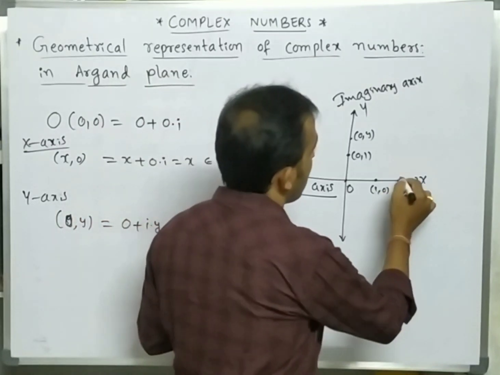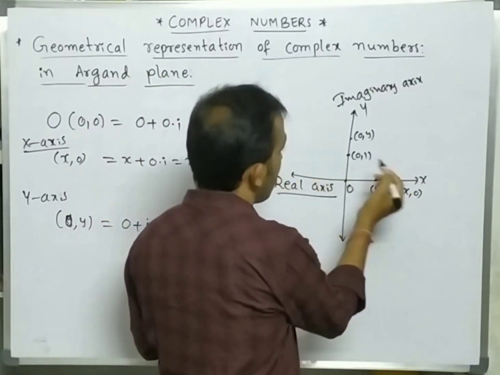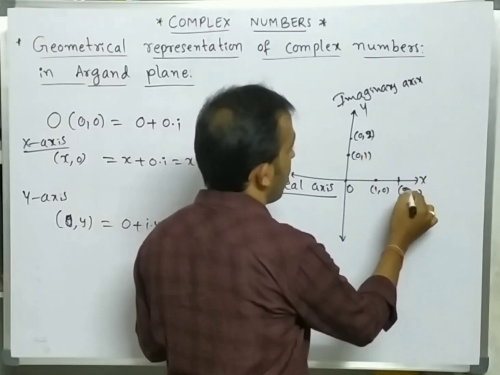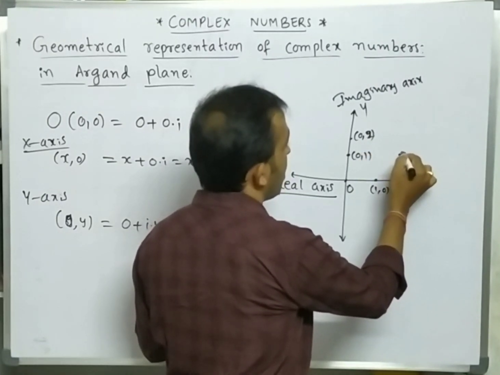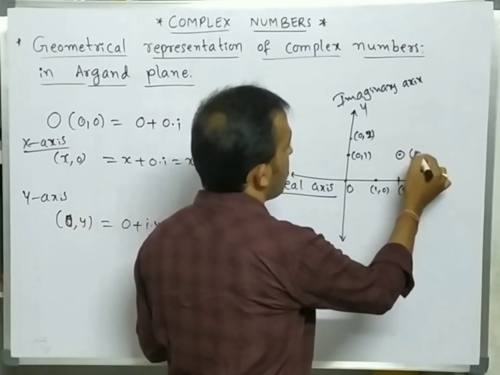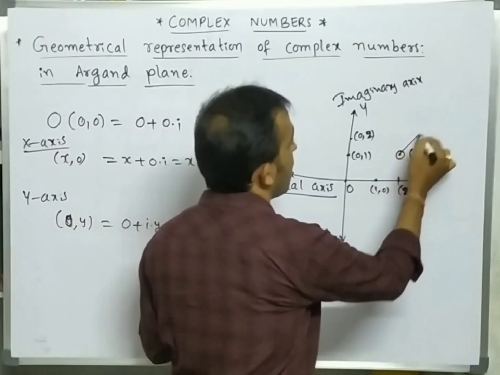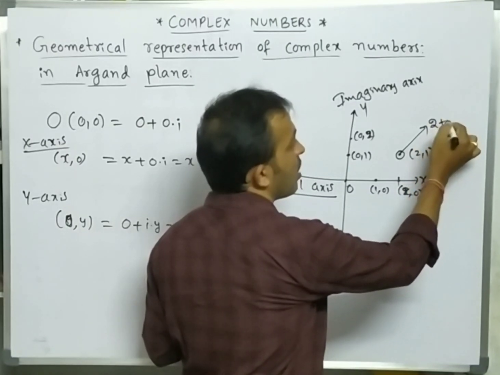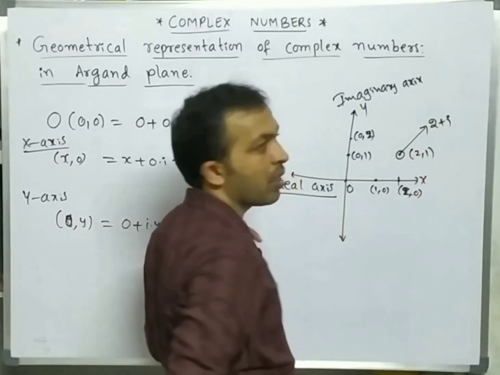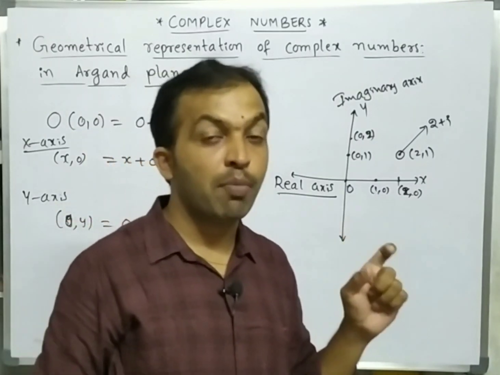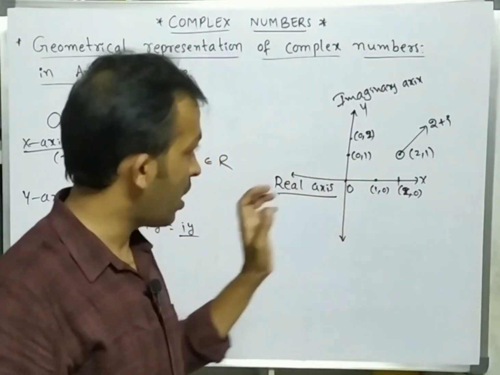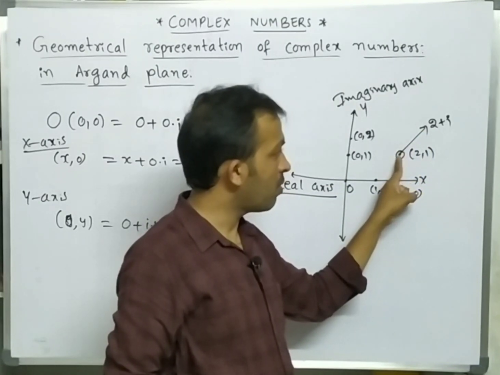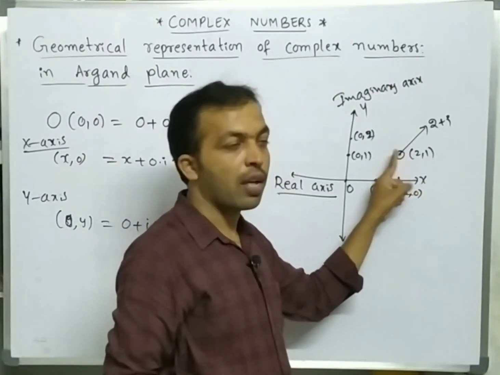Here this is 1, this is 2, I am taking. So this point is 2 comma 1, which in the form a plus ib is the complex number 2 plus i.